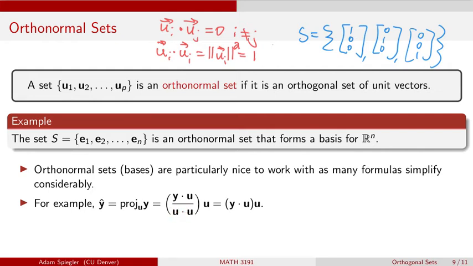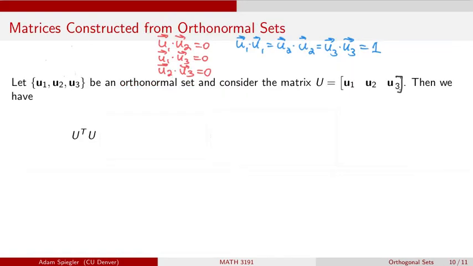So we can find the projection in the case where u is a unit vector by just taking the inner product of y with u. That gives me some scalar, and that's exactly the scalar multiple of u that I need in order to get this orthogonal projection.